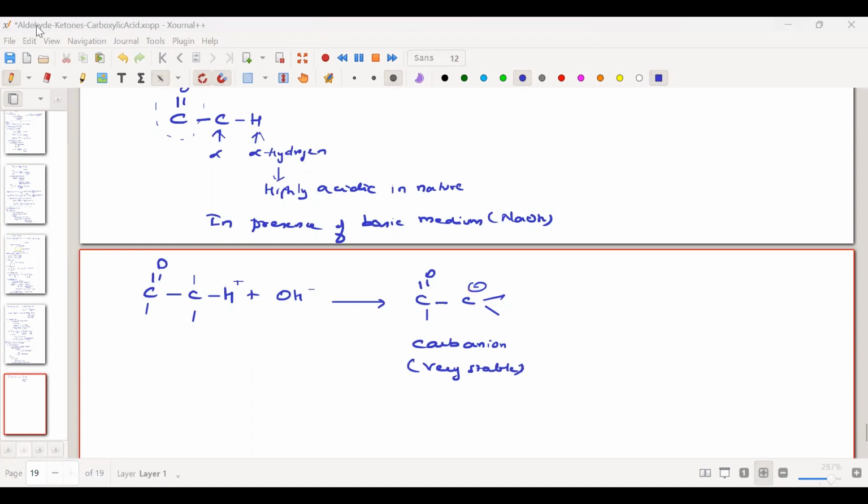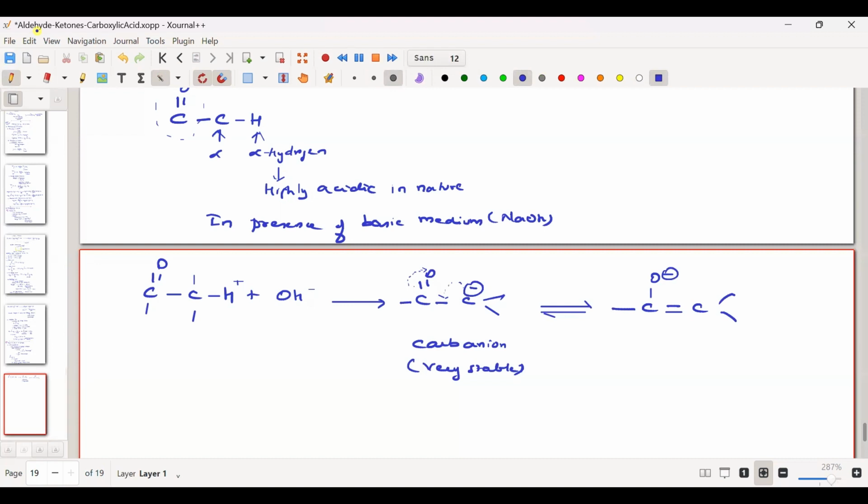Oxygen is highly electronegative, so it will take the negative charge. If this oxygen takes away the negative, this electron can come here. So it has a resonating structure.